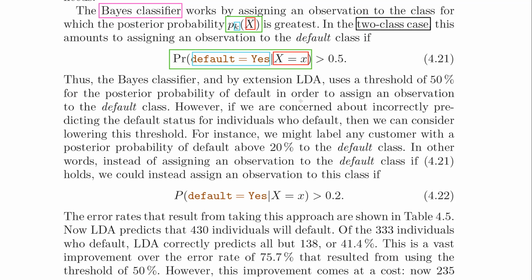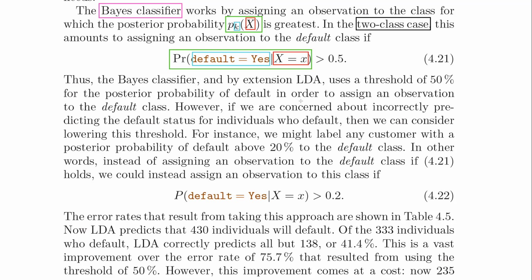So the Bayes classifier, and by extension LDA, uses a threshold of 50% for the posterior probability of default in order to assign an observation to the default class.